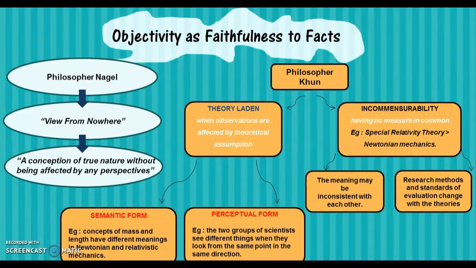It is determined by two central aspects. There are theories that use some of the same terms but have different meaning. Research methods and standards of evaluation change with the theories. That's the two aspects. I hope you guys are still with me.